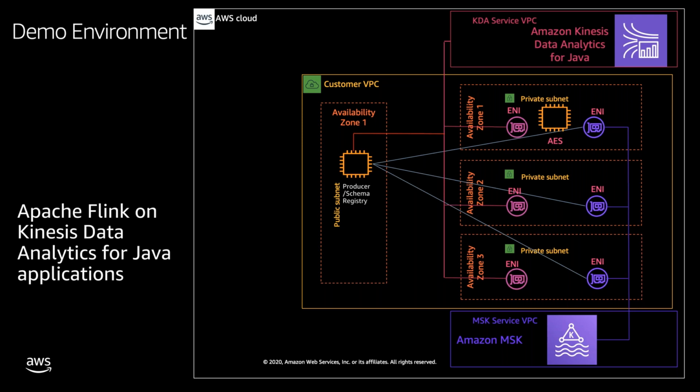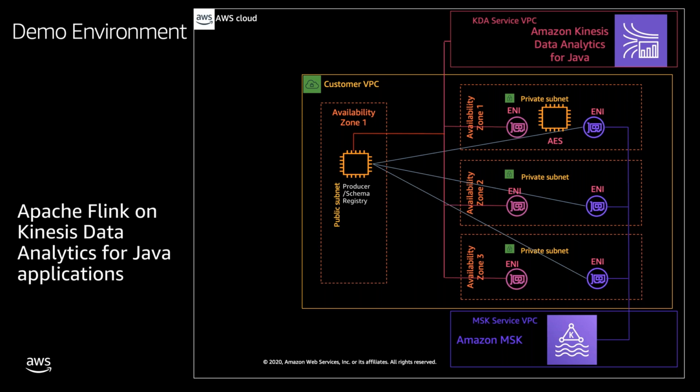And as Amazon MSK also drops the ENIs in those subnets, as explained by Eno before, the Apache Flink KDA application is also able to connect, read, as well as sink data into the Amazon MSK cluster through those ENIs.